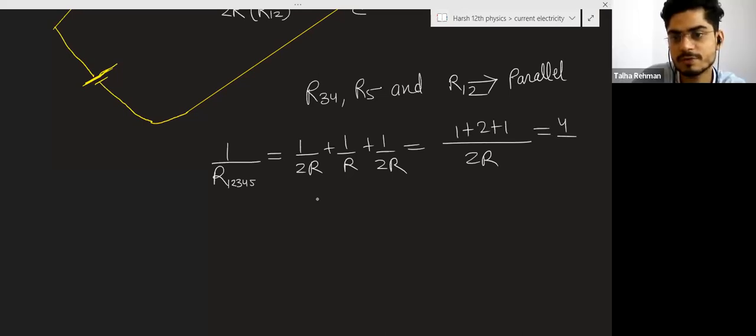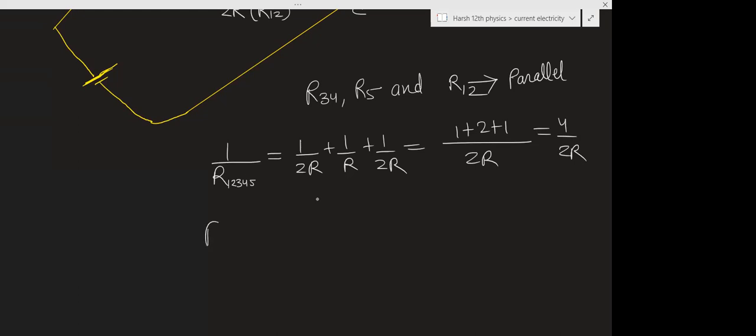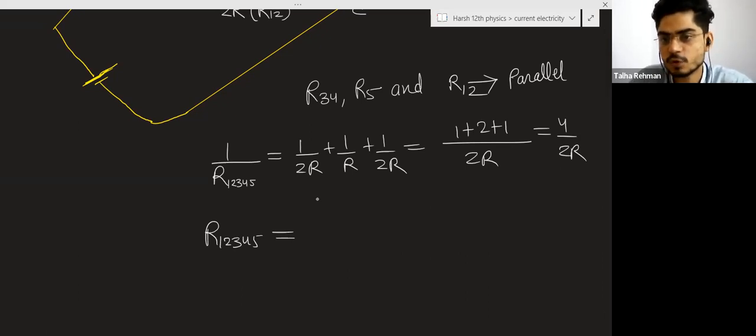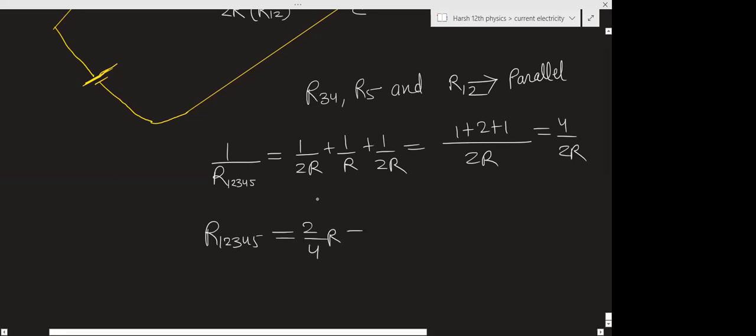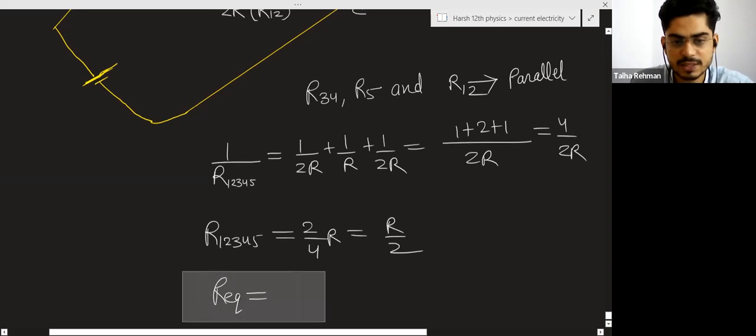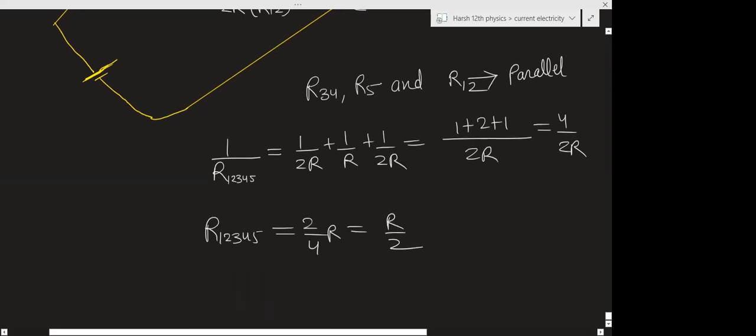This will become 4 divided by 2R. Then the equivalent resistance of the circuit is the reciprocal of this: 2 by 4R in denominator, which becomes R by 2. So the equivalent resistance of 1, 2, 3, 4, and 5 is R by 2.